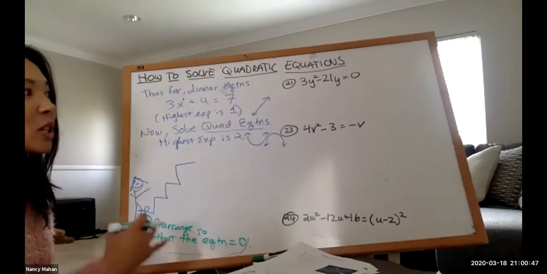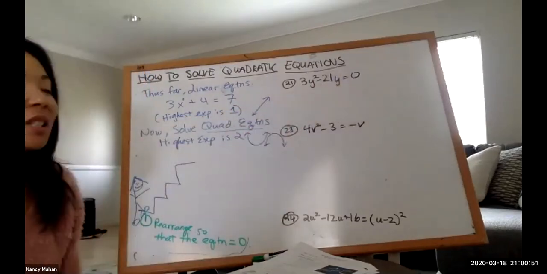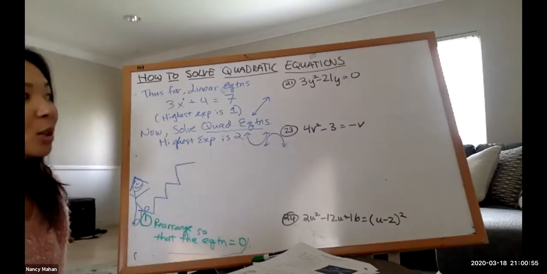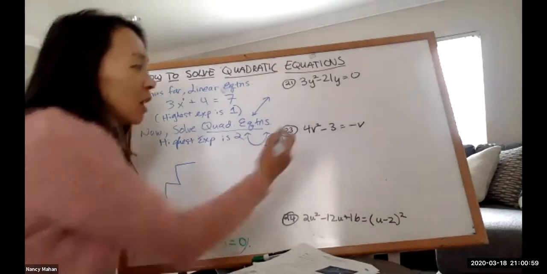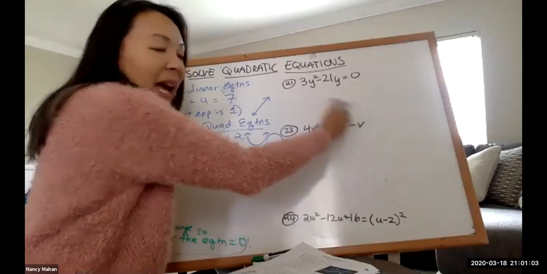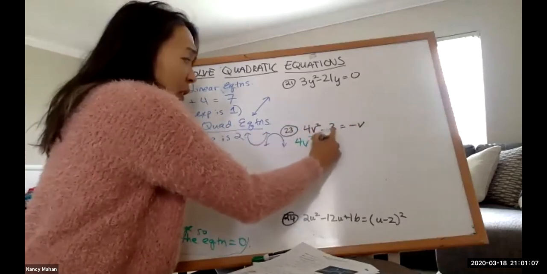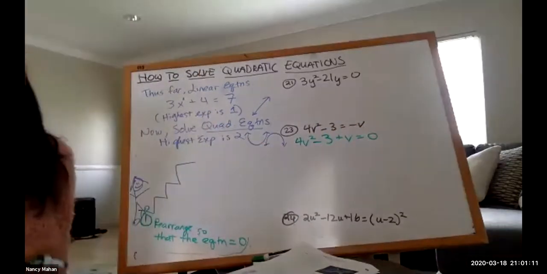Rearrange so that the equation is equal to 0. Notice in number 21, it's already equal to 0. Woohoo! Easy peasy. 23, it's not equal to 0 yet, so we need to rewrite it so that it equals 0. So when I rewrite this, I have 4v squared, and I'm going to bring the v over to the other side. So if I bring the v over, I get plus v is equal to 0. So now it equals 0, right?